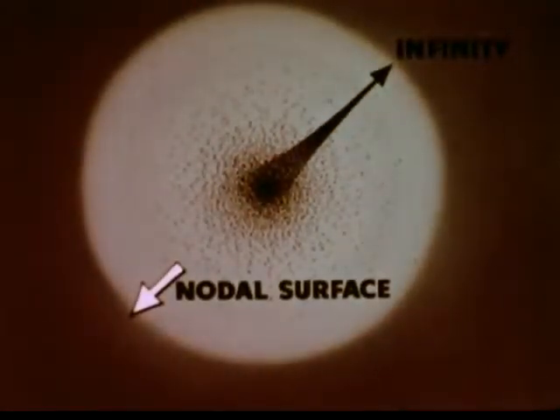The probability becomes zero only at an infinite distance from the nucleus. Since the 1s orbital is three-dimensional, there is a spherical surface at infinity where the probability of finding the electron is zero. Any surface where the probability is zero is called a nodal surface. The 1s orbital has only one nodal surface.